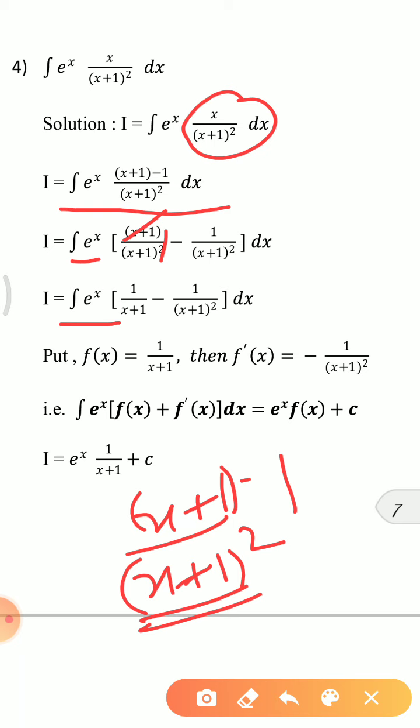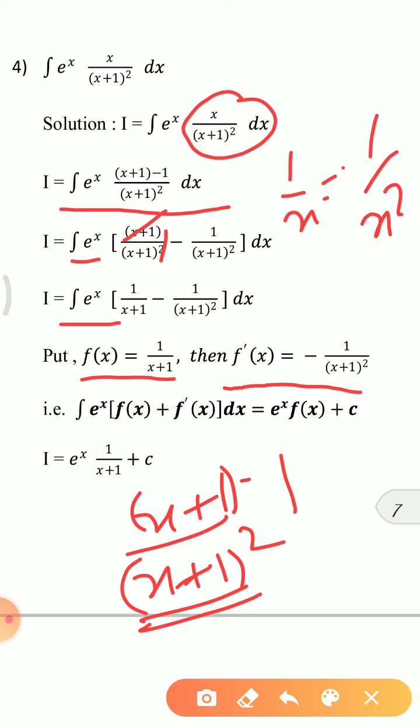Then we take f of x as 1 upon x plus 1, and the derivative of 1 upon x plus 1, that is f dash of x, is minus 1 upon x plus 1 the whole square. That means the derivative of 1 by x is minus 1 upon x square, and the same we have to apply here. That is, the derivative of 1 upon x plus 1 is minus 1 upon x plus 1 the whole square.